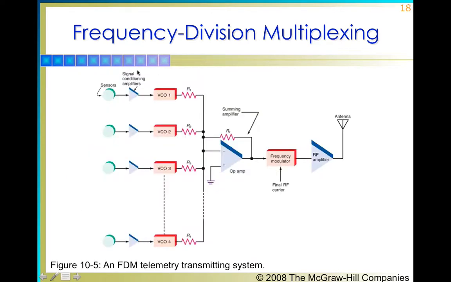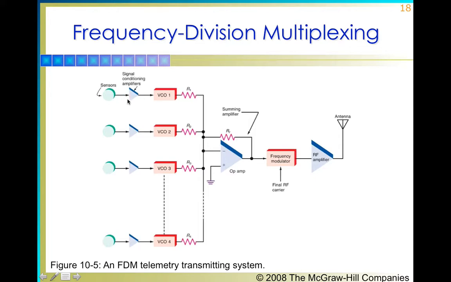You can see that this is an application of an FDM telemetry transmitting system, and over here we have various sensors which are attached, and each sensor is monitoring some information from the atmosphere like the temperature, pressure, or some other parameters.